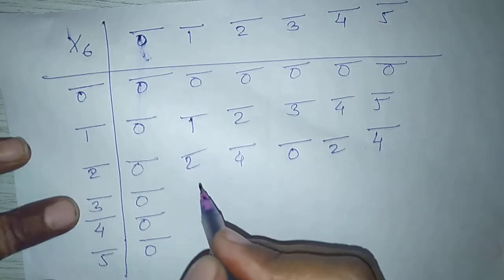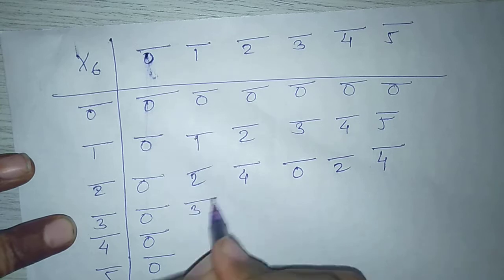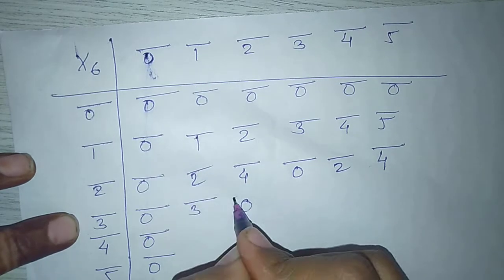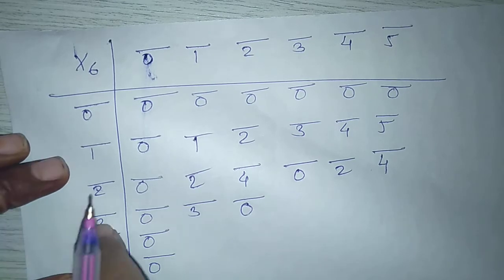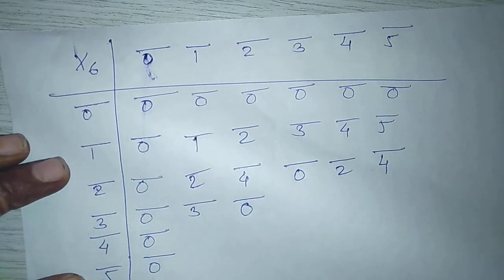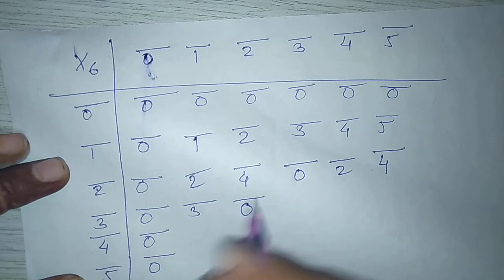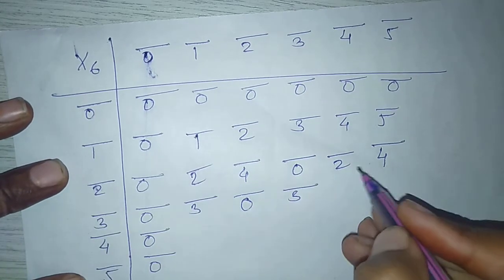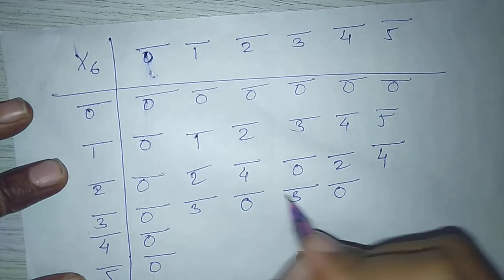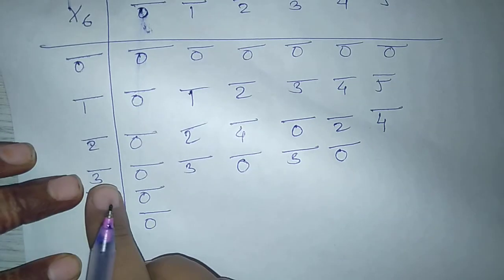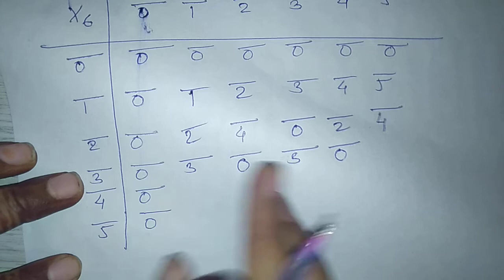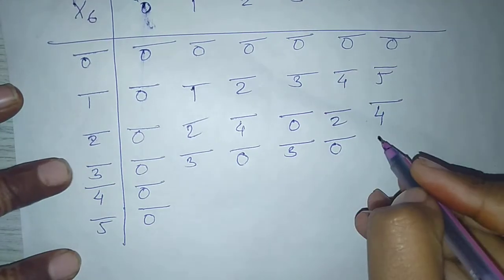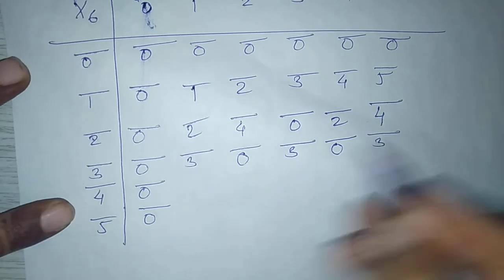Next, 3 into 1 bar is 3 bar, 3 into 2 bar is 6 bar, under modulo 6 remainder 0. 3 into 3 is 9 bar, under modulo 6 we get remainder 3 bar. 3 into 4 is 12 bar, which means 0 bar, since we get remainder 0 when 12 is divided by 6. 3 into 5 is 15, we get 3 bar.